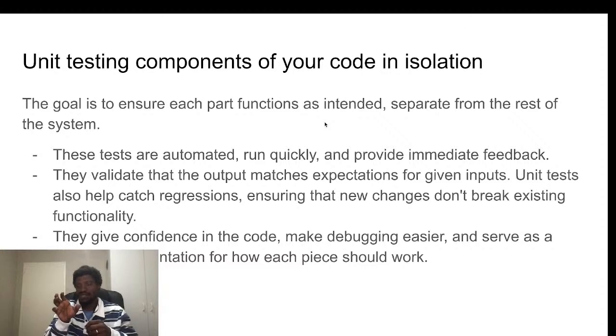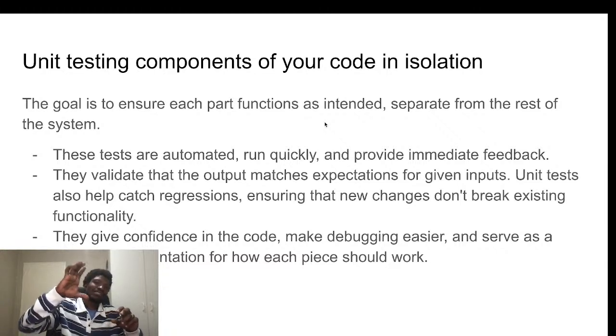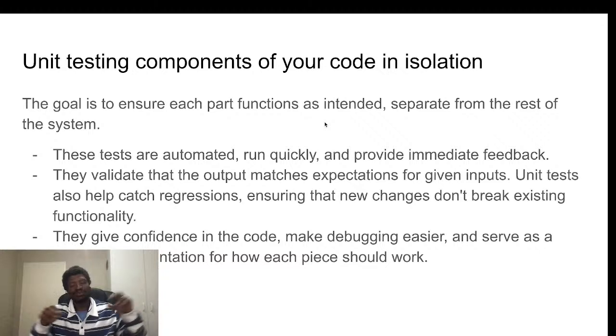And as you're testing these parts of your system, you want to separate these parts from the rest of the system. So if you're just testing the addition function, you want to test that the addition function is working without checking the multiplication and the subtraction function.